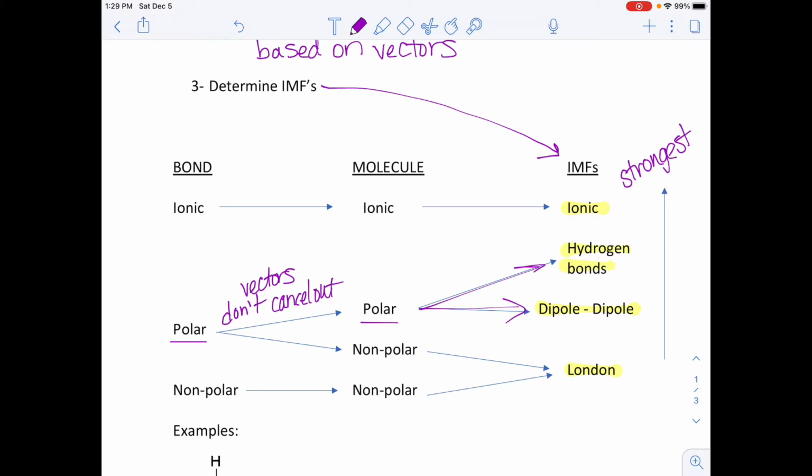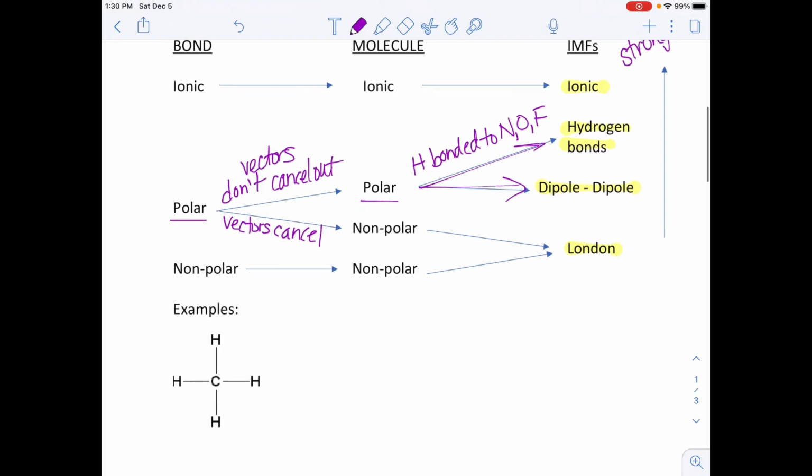Hydrogen bonds are when you have hydrogen bonded to nitrogen, oxygen, or fluorine. And if you have a polar bond, however, the vectors do cancel each other out, then it's going to be a nonpolar molecule. And like I said, we're going to go through some examples.